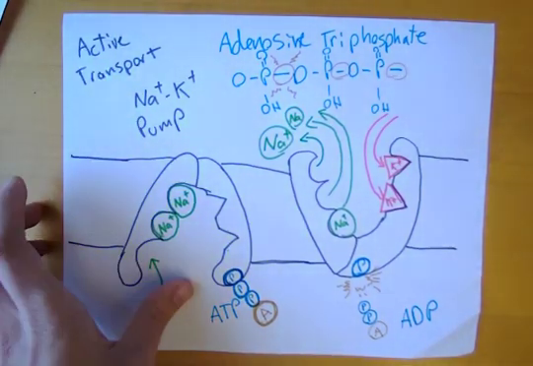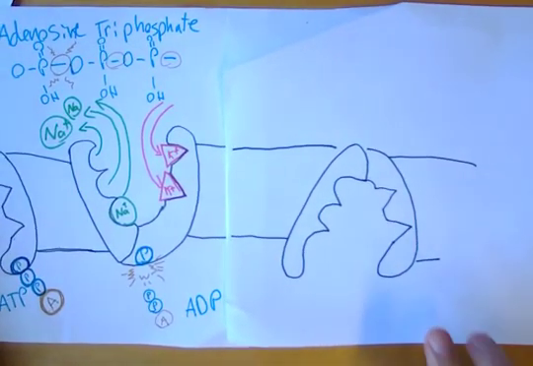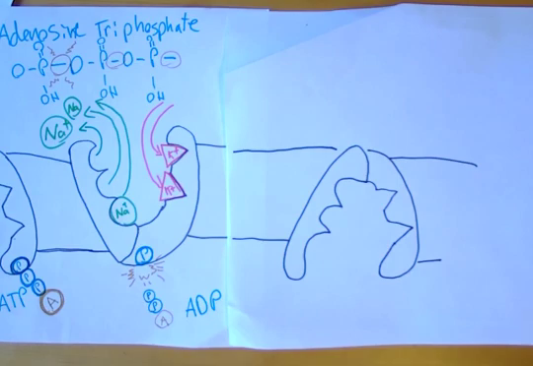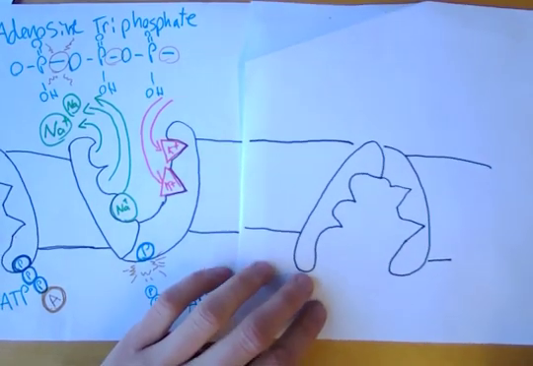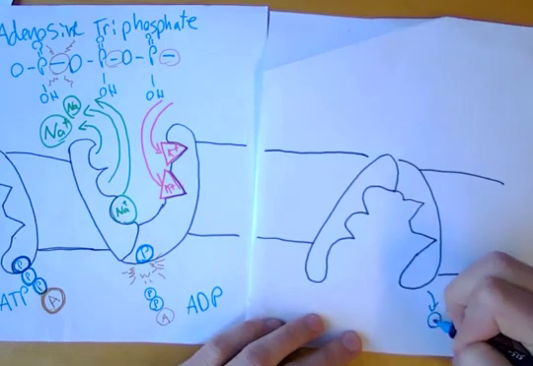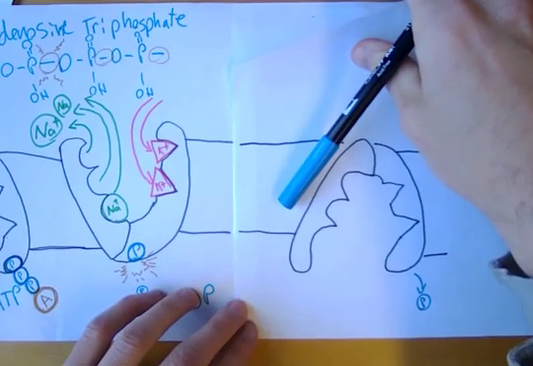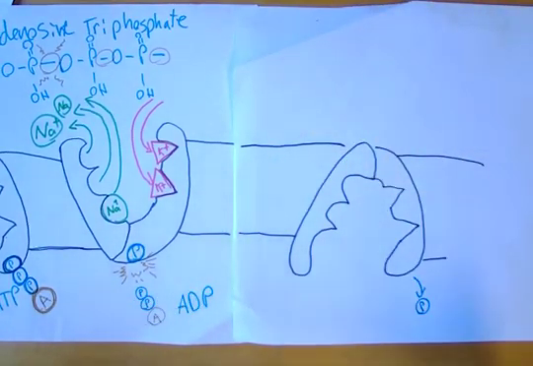Now, moving down in time here, our phosphate group has come off to be recycled to ATP again, and we revert back to our original conformation.